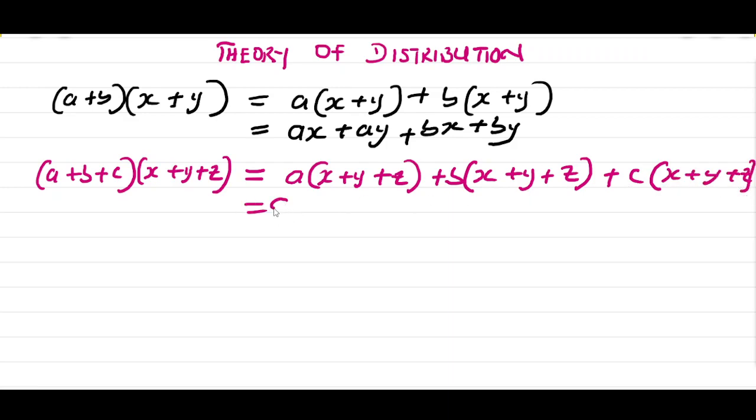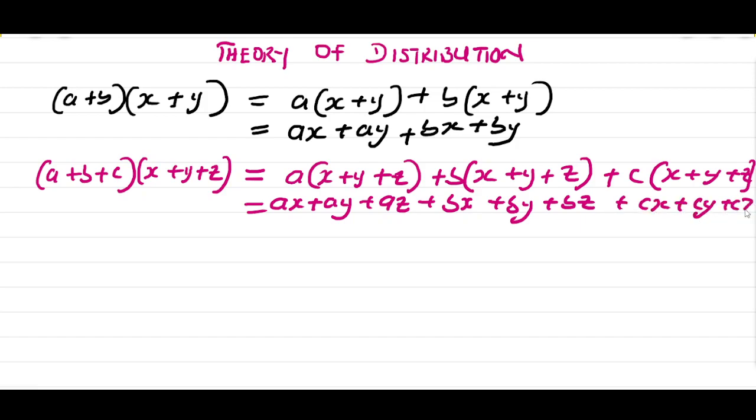Everything will boil down to ax + ay + az + bx + by + bz, and then we'll have cx + cy + cz.